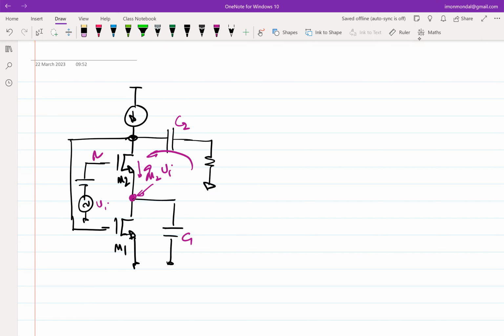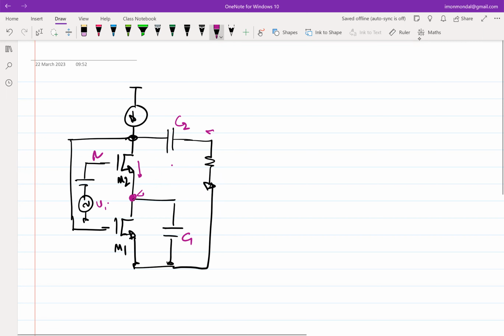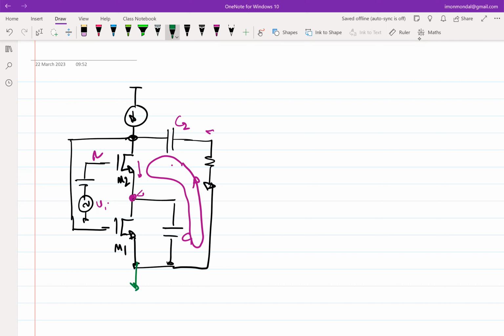And the path that the current is supposed to take is back, because ultimately we know all these grounds are connected together. So the path the current will take is this. Now, obviously, there was this question, rightly so, that when the current moves, and if I assume that this is ground, this node will move.